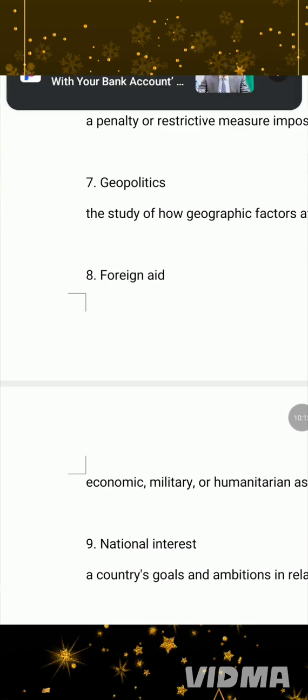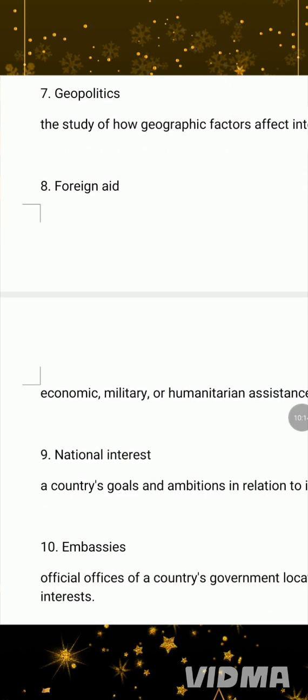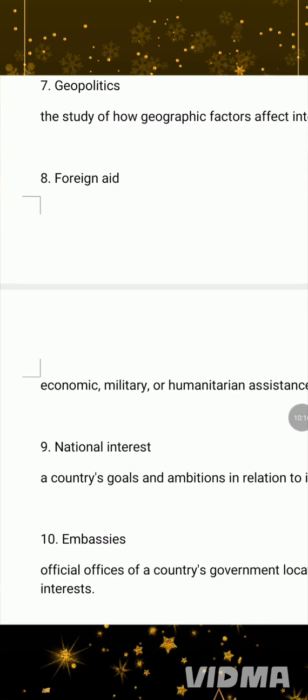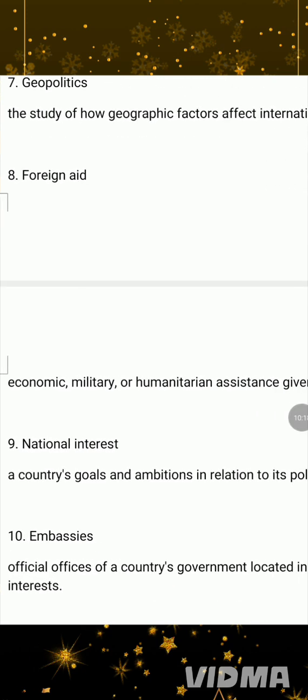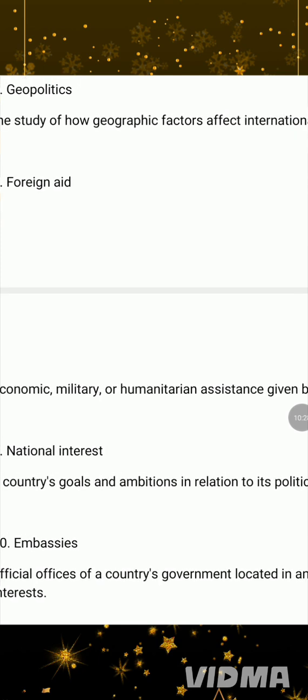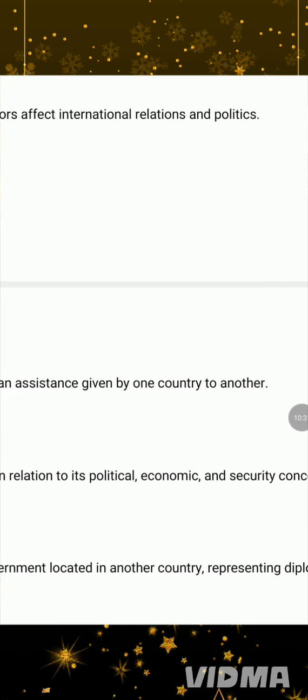Number 9. Oh, I like number 9. National interest. In fact, this should be number 1, because it should be at the top of the list when it comes to foreign policy. National interest: a country's goals and ambitions in relation to its political, economic, and security concerns.